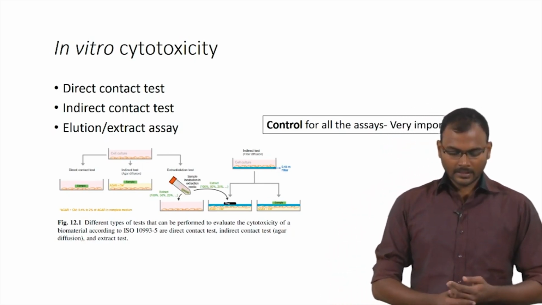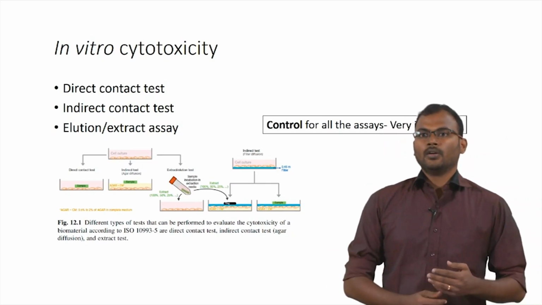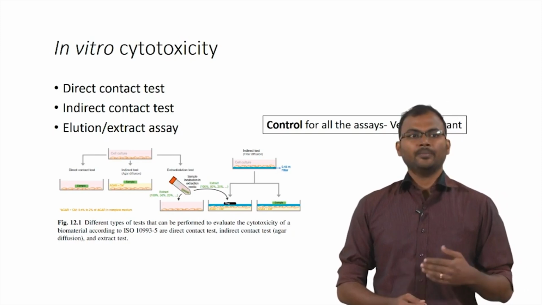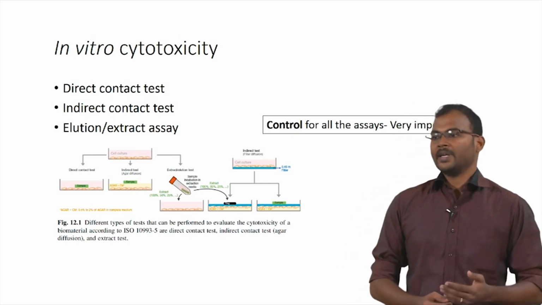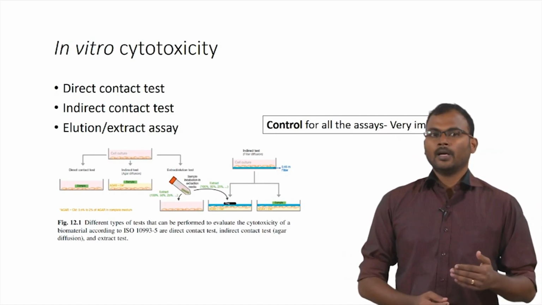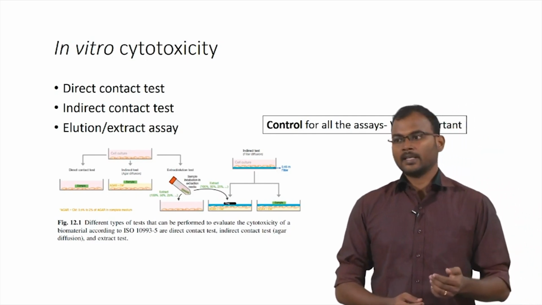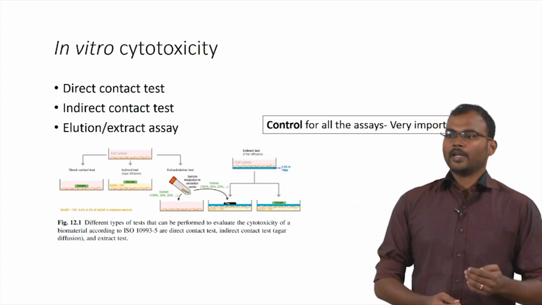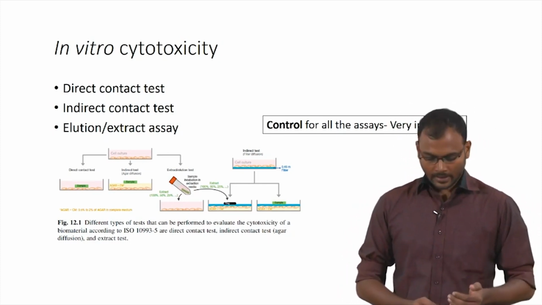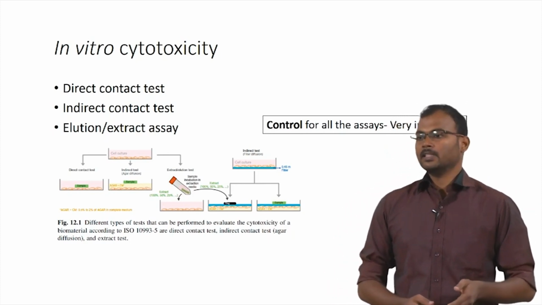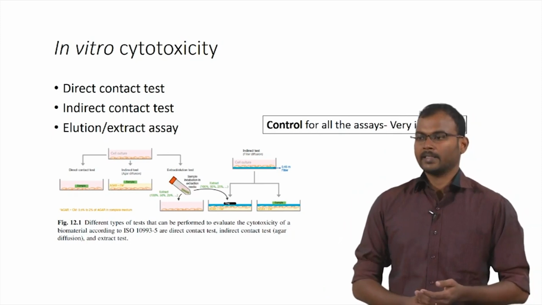Extraction or elution assays are used for soft materials, where you can keep the material in media for 24 hours or 48 hours based on your application. Then you have to extract the media. If there is leaching of compounds, you can take that media and culture it with the cells or with the indirect test method.